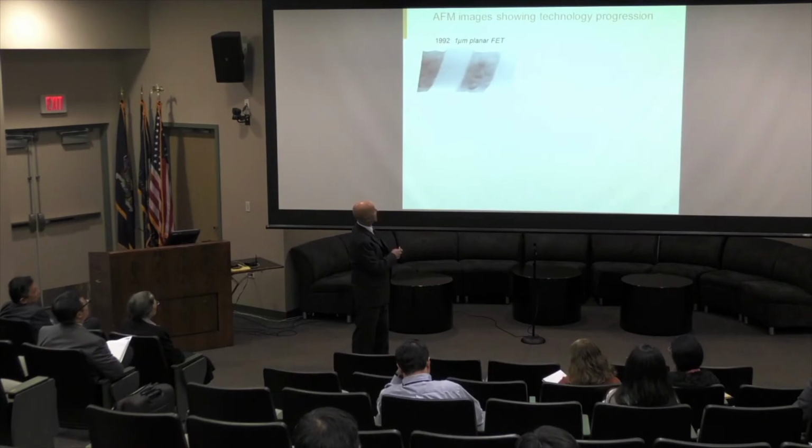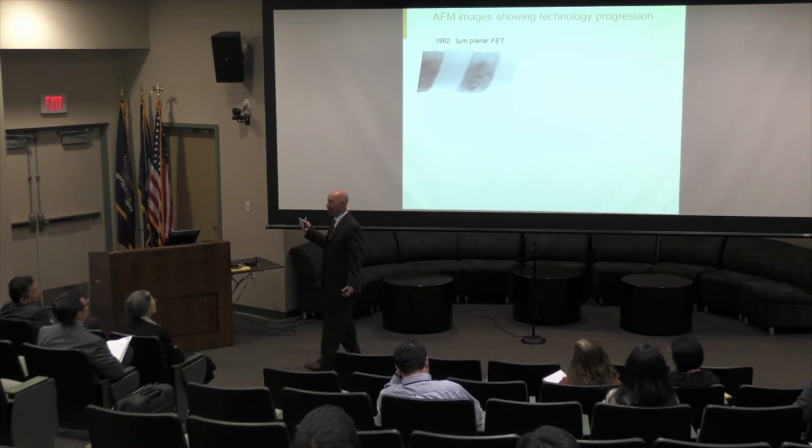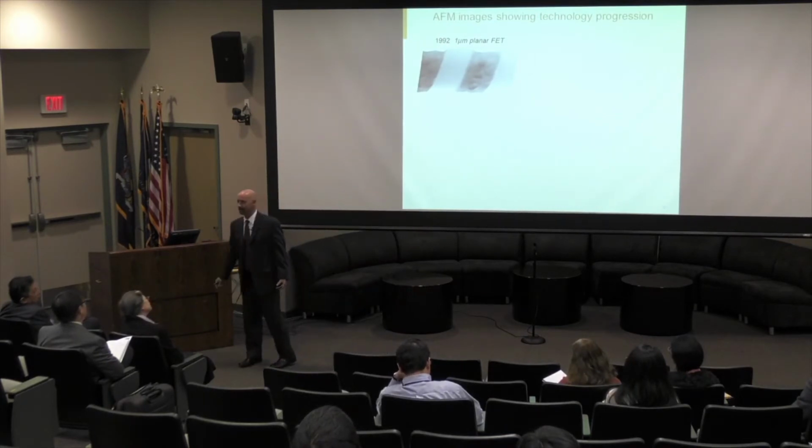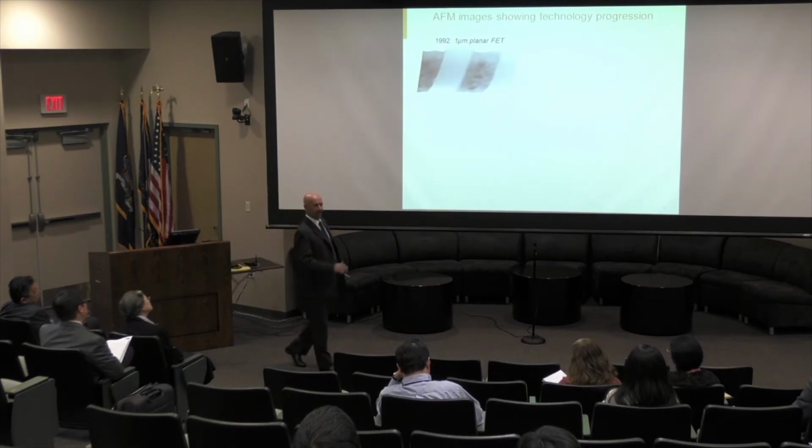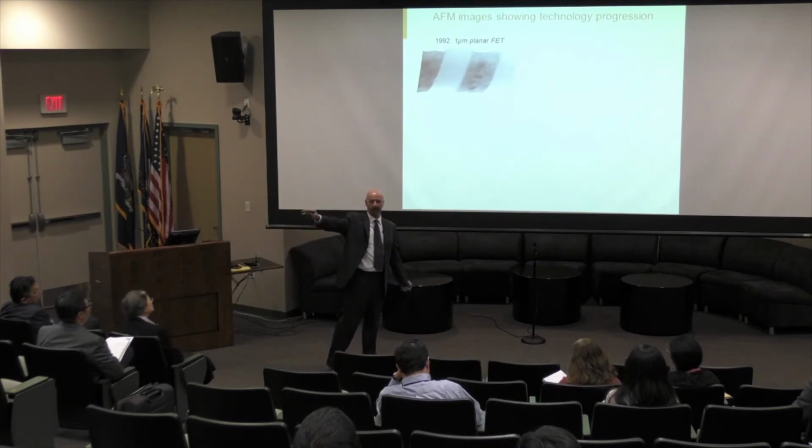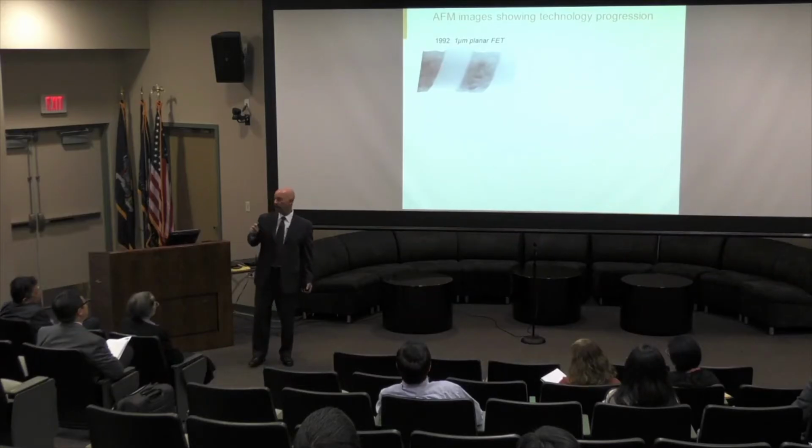All right, progress in the semiconductor industry. There's that constant drive, and here comes that theme again: smaller, faster, and more efficient. Well, let's go back to 1992. The 1 micron planar FET. Remember, IBM and Intel, man, this is the coolest device that we have made. It's small, it's fast, it's 1 micron. This is an image that I took back in '92 on one of the IBM prototype AFMs.